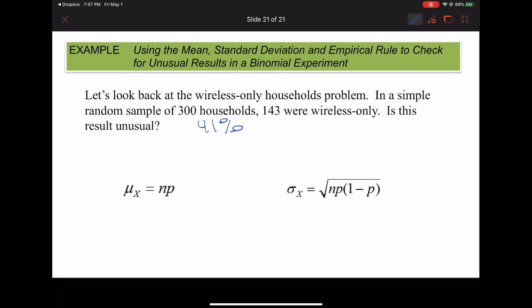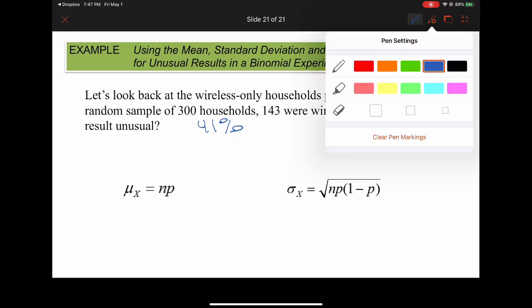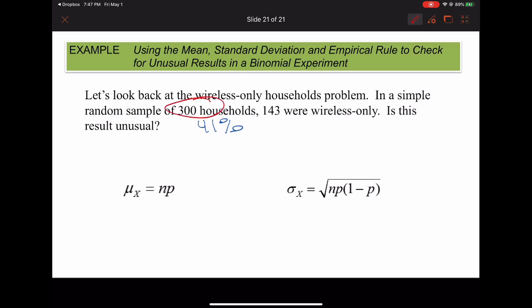All right, so hopefully you finished that. We have 300 households. To calculate the mean, I did 300 times 0.41. So my expected value is 123 out of those 300 being wireless only. Now I need the standard deviation.